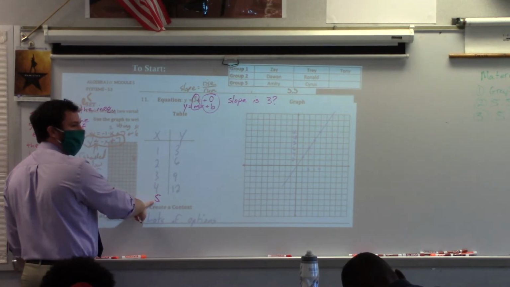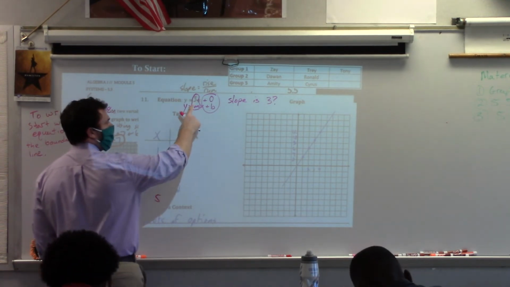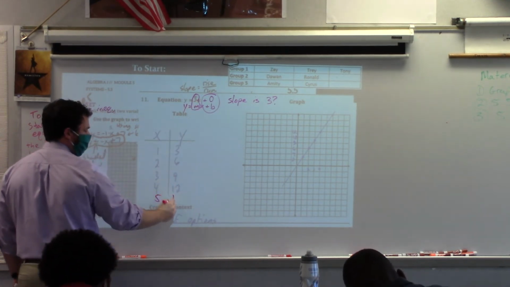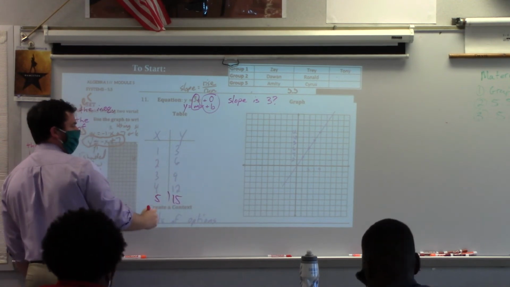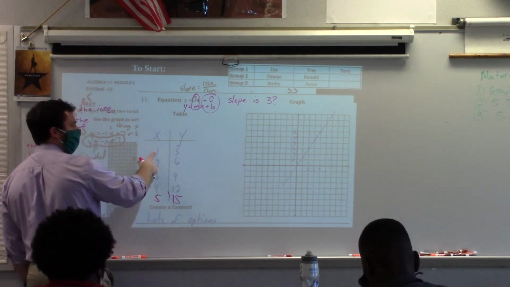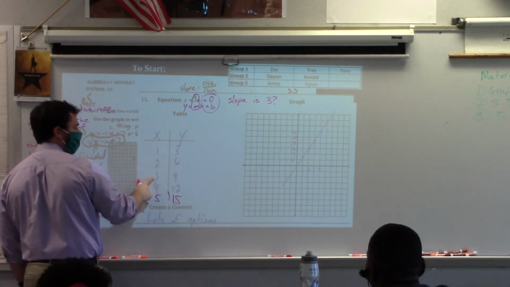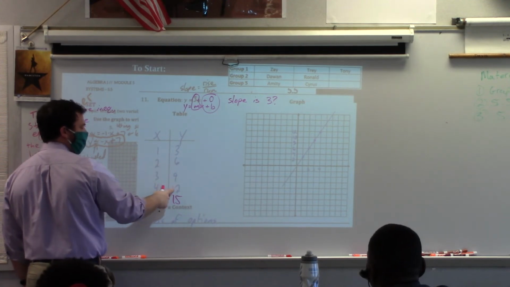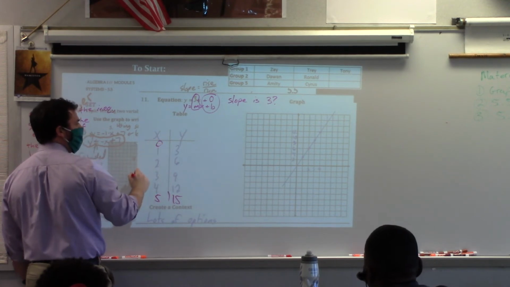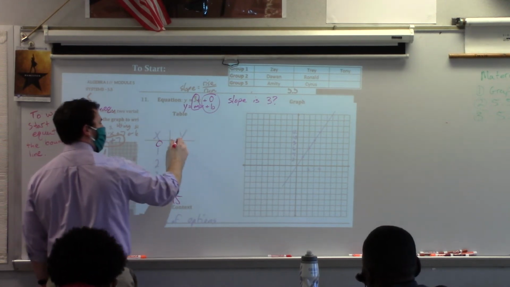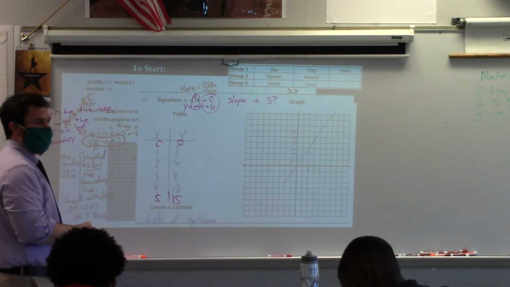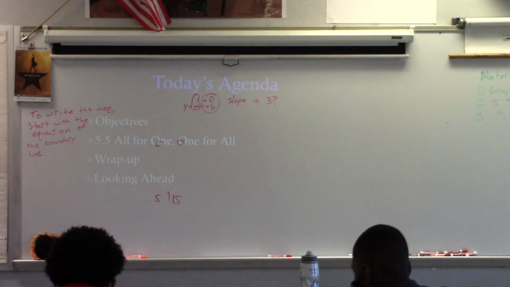Right now, x is 5, right? What's 3 times 5? 15. I messed up. What's 3 times 1? 3. What's 3 times 2? 6. 3 times 3? 9. 3 times 4? Remember, you can choose the inputs, and you just calculate the outputs by plugging them in. Don't make it more complicated than that.